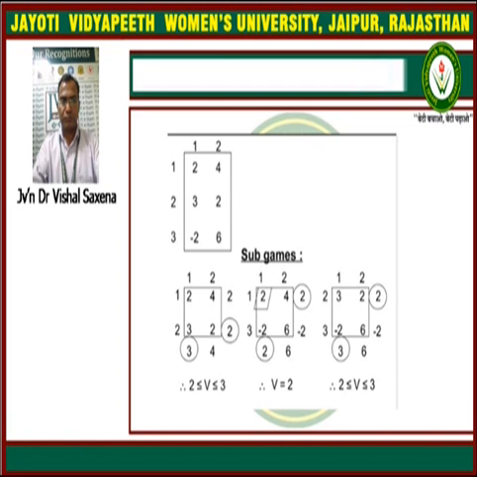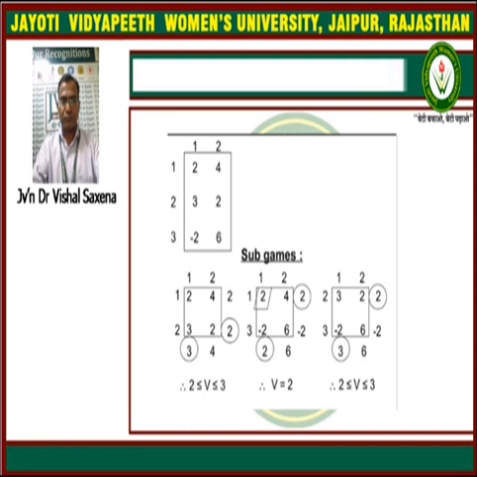The first sub-game is 2, 4, 3 and 2 for the strategies 1 and 2 against 1 and 2. The second sub-game is 2, 4 and minus 2 and 6, taken by the first and the third rows, so this is the game for strategies 1 and 3 against 1 and 2.